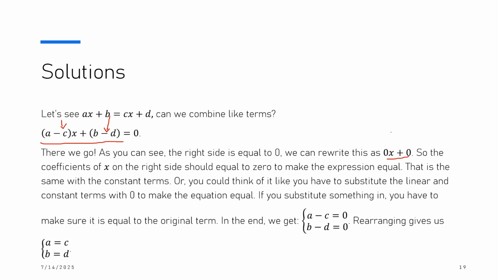In order to make that substitution process work, remember, you have to replace the original value of a variable by a value that you know equals the original value. We can use this property to literally write out this equation system, and rearranging by adding c and d to both sides yields a equals c and b equals d, as proven.